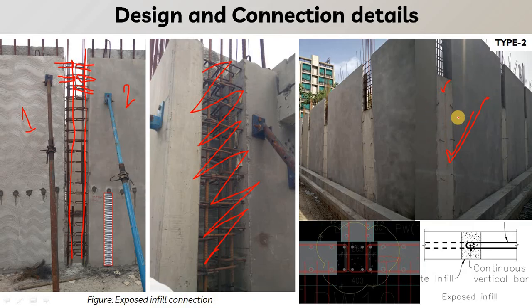The major difference in this infill connection is that you will see the joint. These joints are useful in retaining wall structures where we require water tightness and a perfect connection between the two elements.